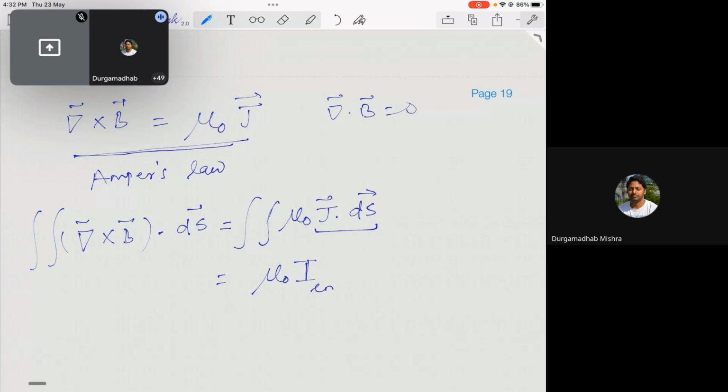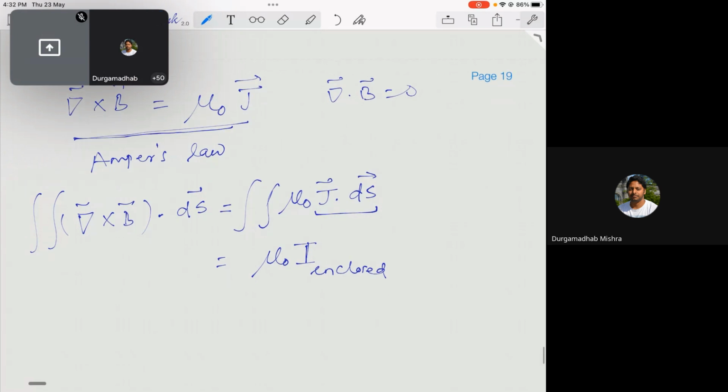Okay, so this is the current enclosed within the line that makes the surface.